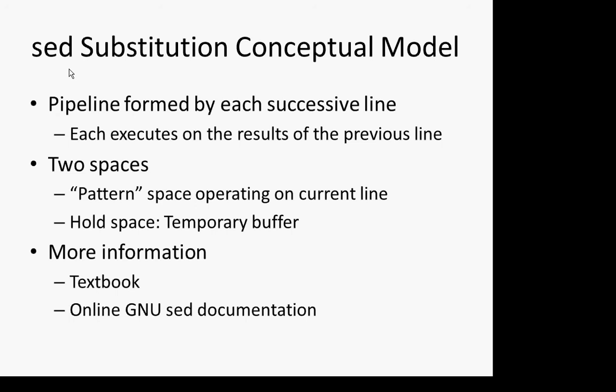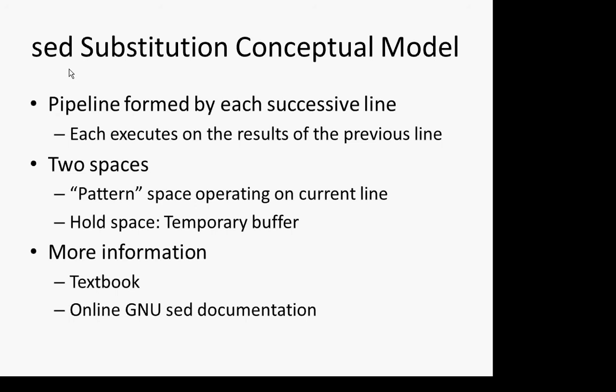So we could give it input from foo.txt, and each successive line of foo.txt will be passed through each of these lines in turn, successively. So first it'll be passed through the first line, which will perform some substitution. Then it'll be passed through the second line. Then the third line.